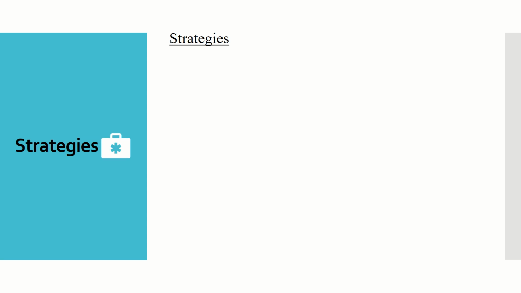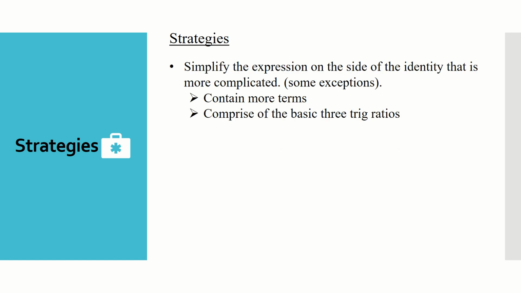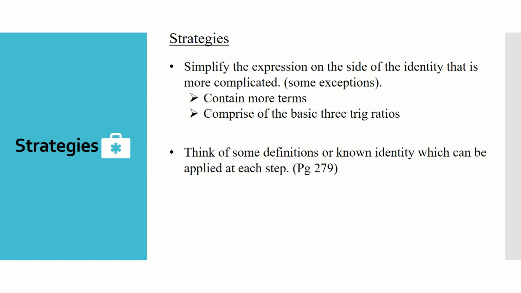In proving trigonometric identities, there are some strategies that can be used. If possible, always start with the side that is visibly more complex. By this, we mean the side that has more terms or contains the three basic trigo ratios.